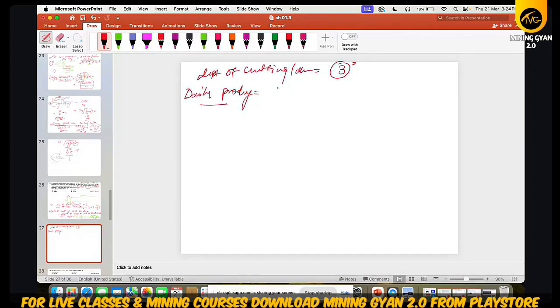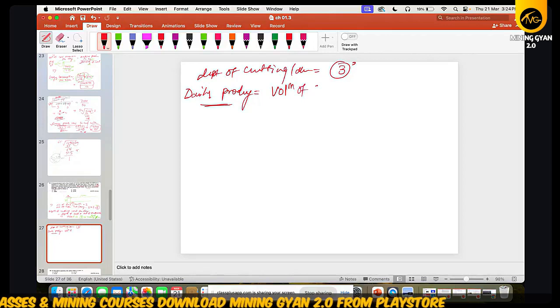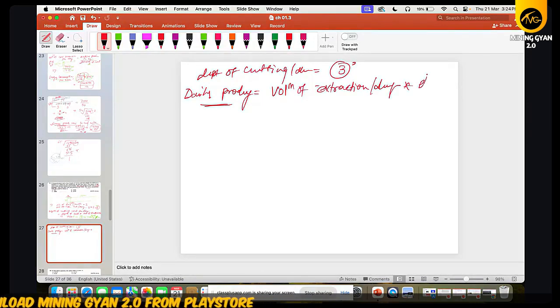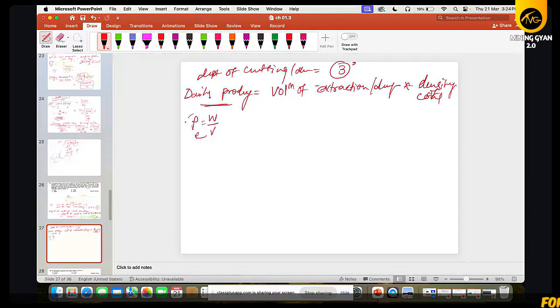If we want to know the daily production, then we have to find the volume of extraction per day, multiplied by the density of coal. You already know density equals weight by volume. When you multiply density with volume, you will get the weight or production.